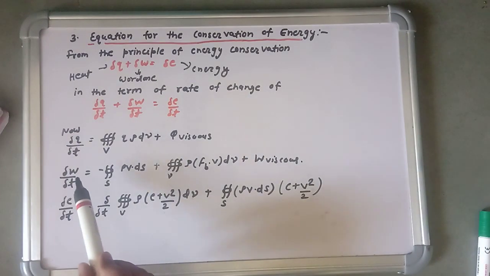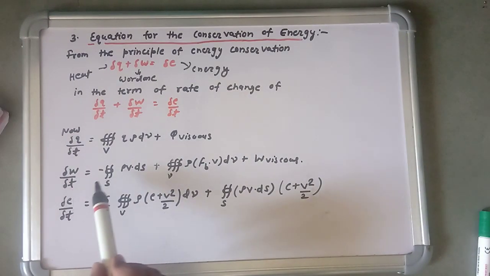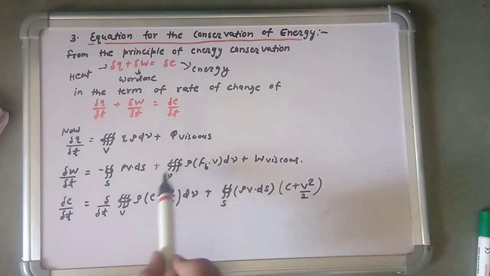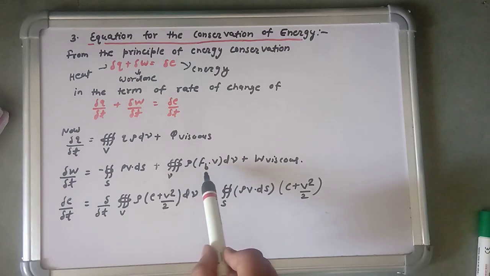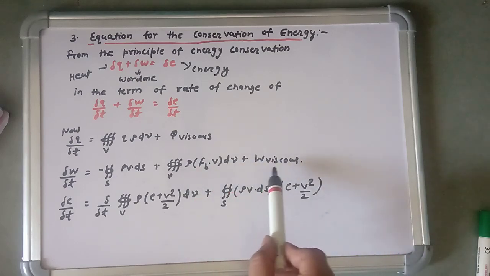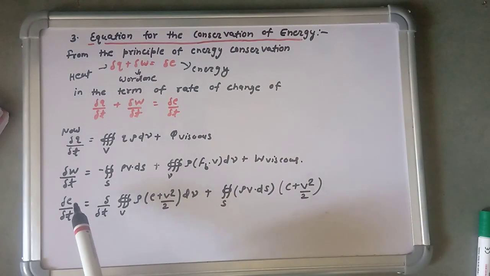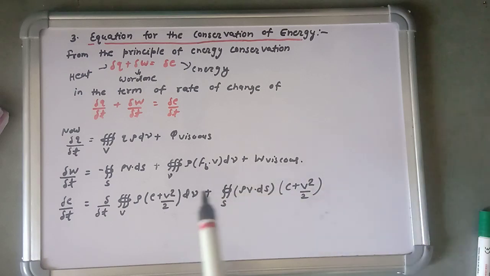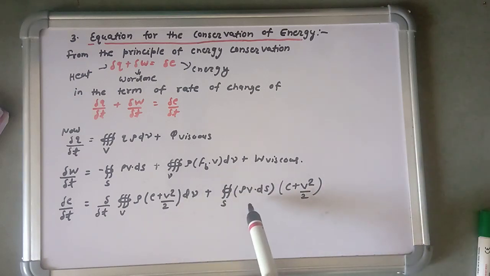The change in work done, del w by del t, equals negative closed integral p v dot ds plus closed integral rho f dot v dv plus work done due to viscous forces. The change in energy del E by del t equals del by del t of the closed integral of rho (e plus v squared by 2) dv plus the closed integral of rho (v dot ds)(e plus v squared by 2).